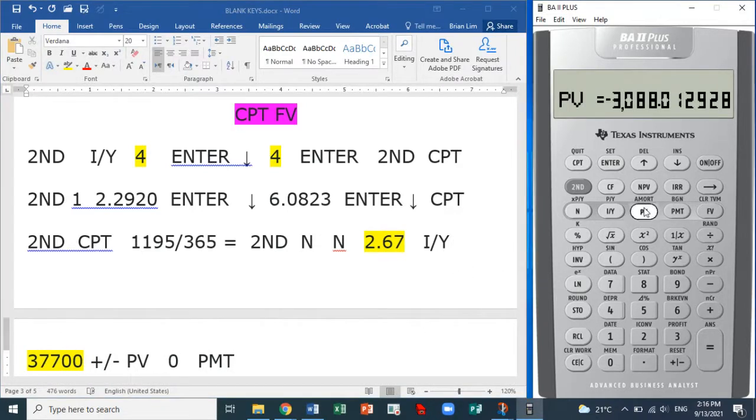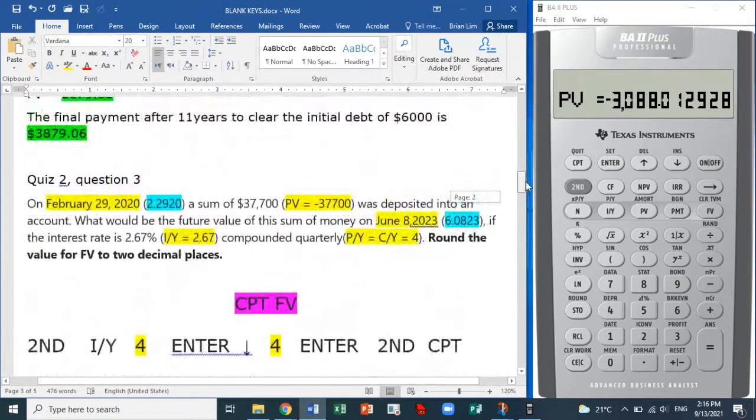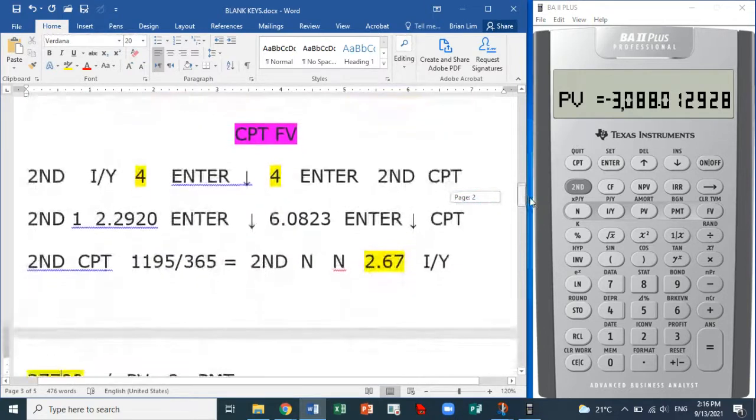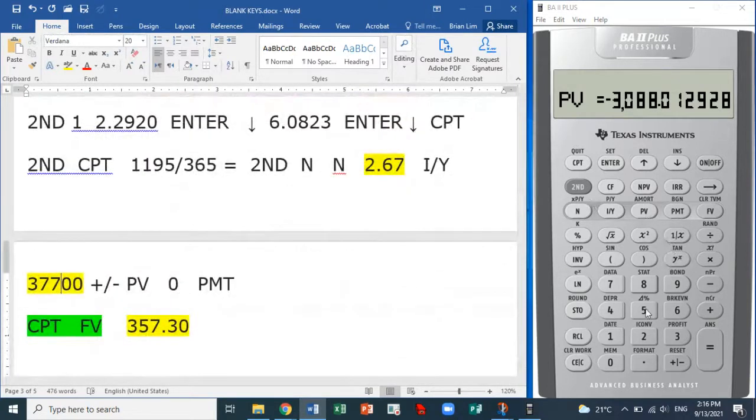Anyway, we can always recall the present value. No, is that right? It doesn't look right. Anyway, I guess we didn't put in a number. 37,700. Okay, we have to put that number in, 37,700. And we plus minus, and we put that in as the present value. Okay, the number that showed up there was from the previous calculation.